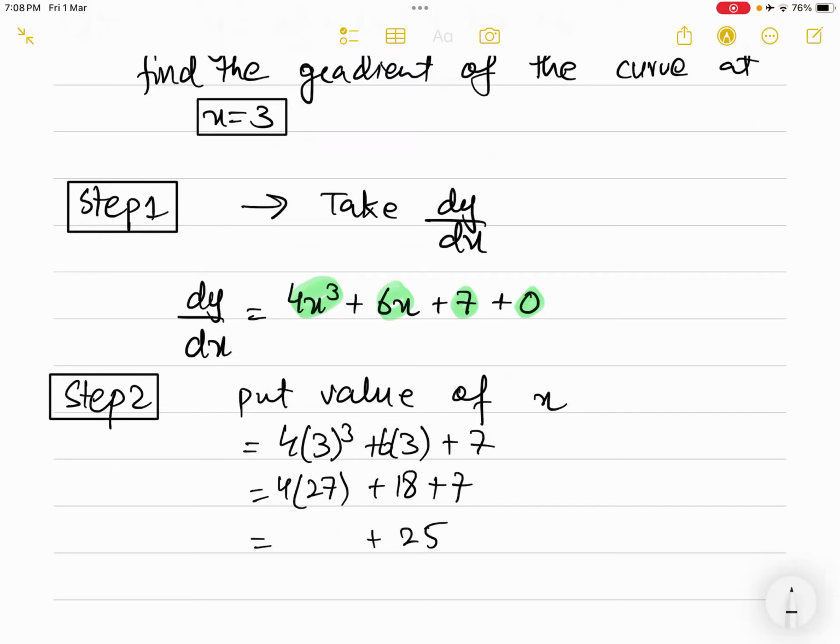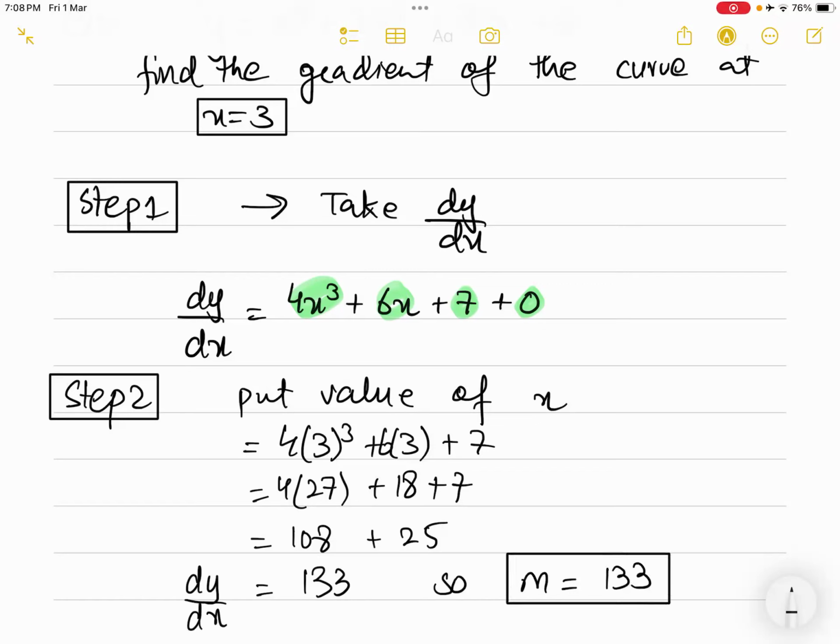And 27 times 4 is 108. 108 plus 25 is 133. So 133 is dy by dx. The gradient is represented by m, so m is equal to 133. Got it?